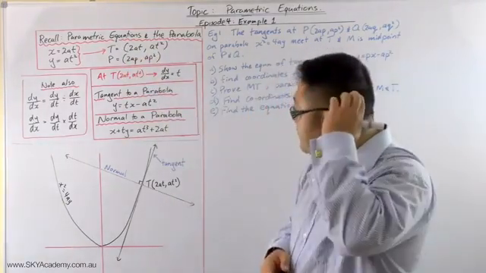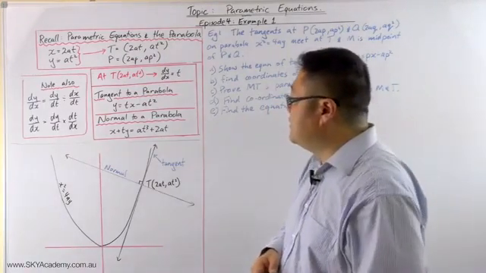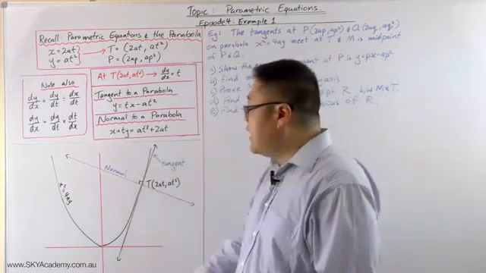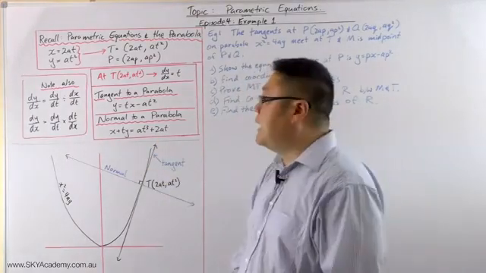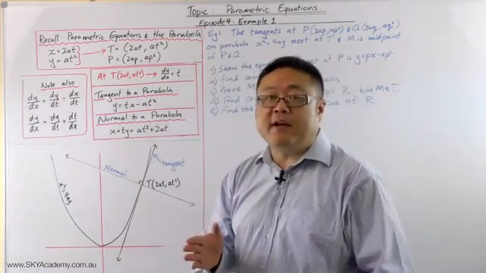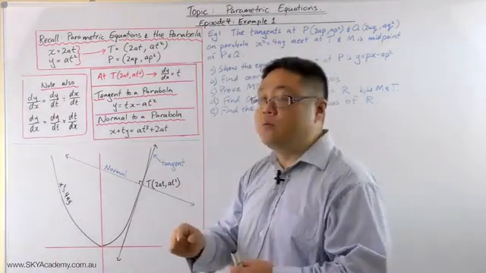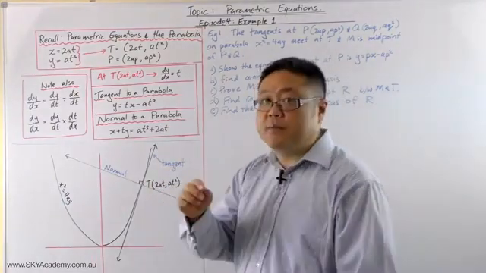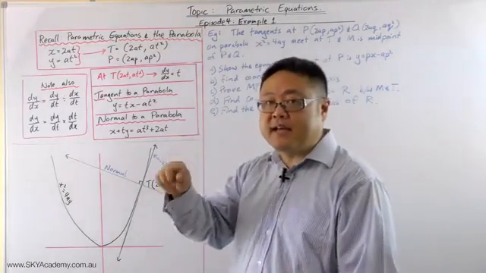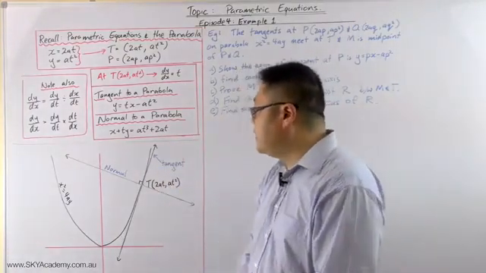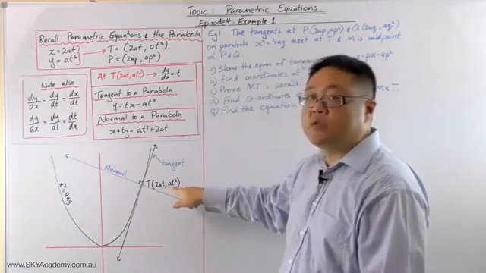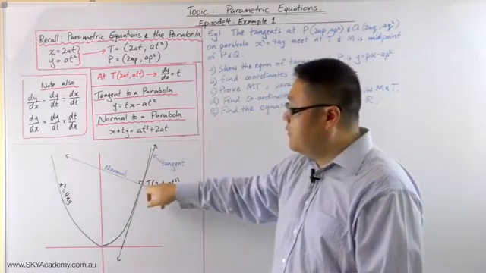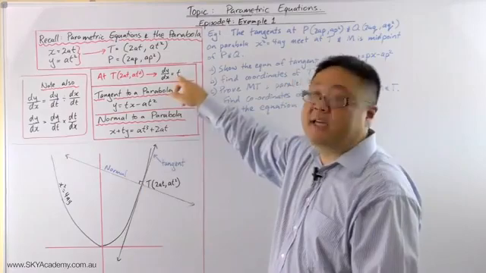The tangent will simply be a straight line that can be found using the point gradient form, which is y minus y1 equals m, in brackets, x minus x1, where your x1 and y1 are 2at and at squared, and m itself is your first derivative of the parabola at the point of contact, which is t, right?